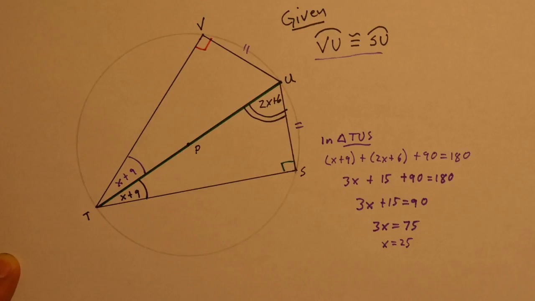So now that we have a value of x, we can sub that in and find the rest of the angles in the triangles. We know this is 34, TUS is 56, VTU is 34, and then looking at triangle VTU, I know angle VUT must also be 56.